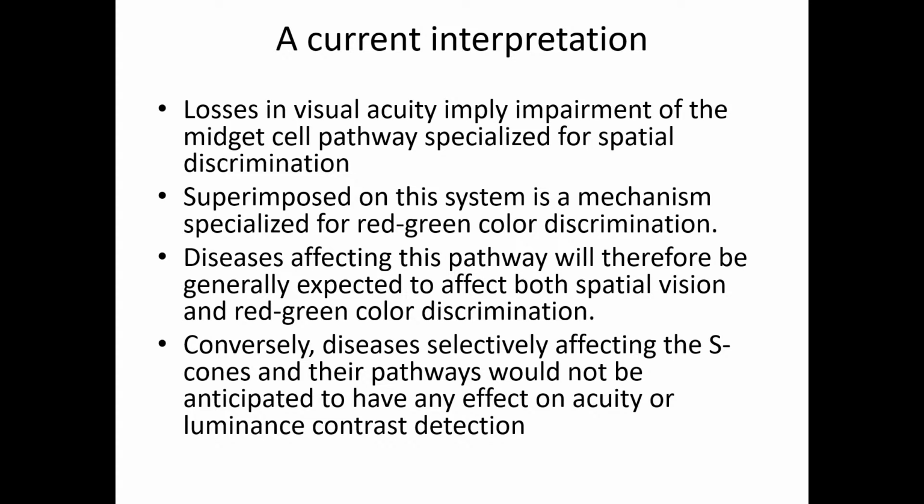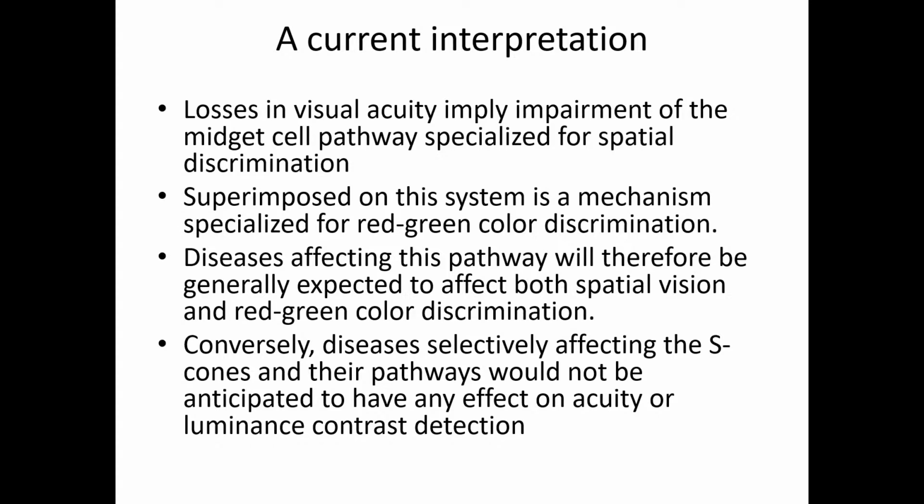What is the current interpretation? Loss in visual acuity implies impairment of the midget cell pathway specialized for spatial discrimination, and superimposed on this system is a mechanism specialized for red and green color discrimination. So these two pathways go together. Disease affecting this pathway will therefore be generally accepted to affect both spatial vision as well as red and green color discrimination.